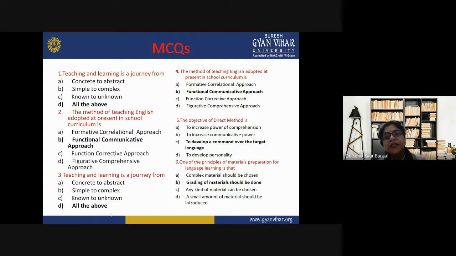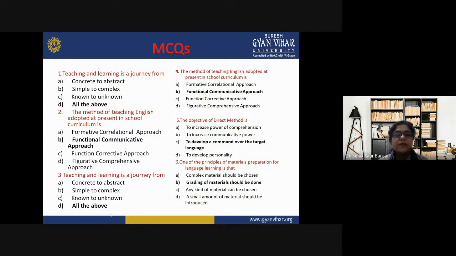The objective of the direct method is to increase power of comprehension, to increase communicative power, to develop a command over the target language, or to develop personality. So the correct answer is to develop a command over the target language. It means to learn that language fully.